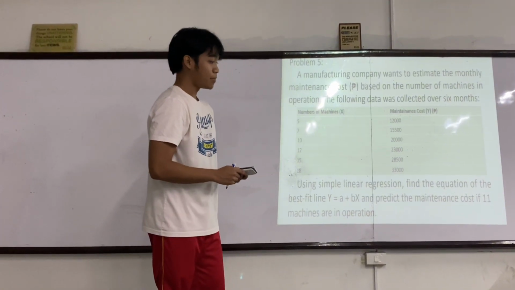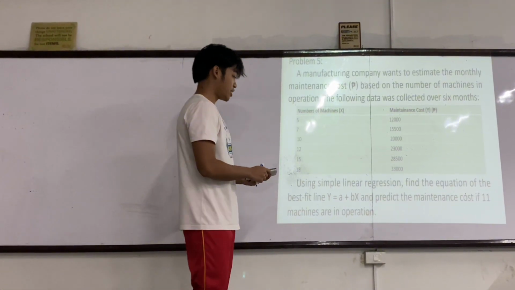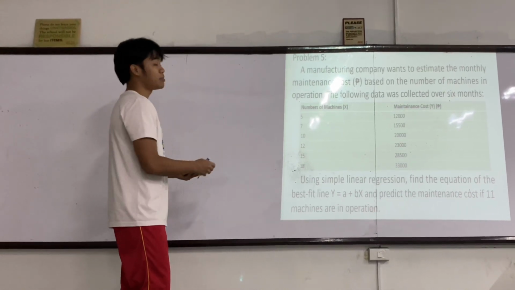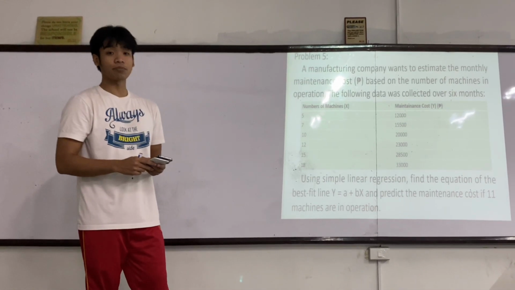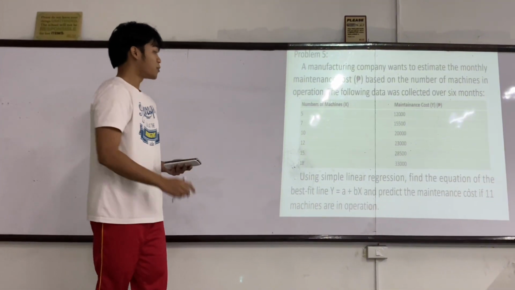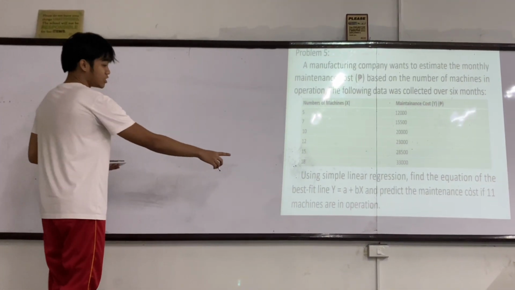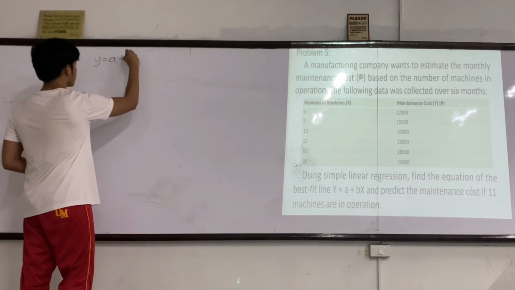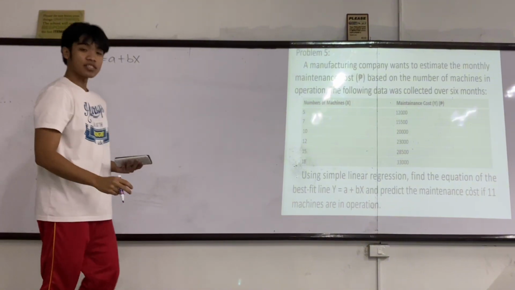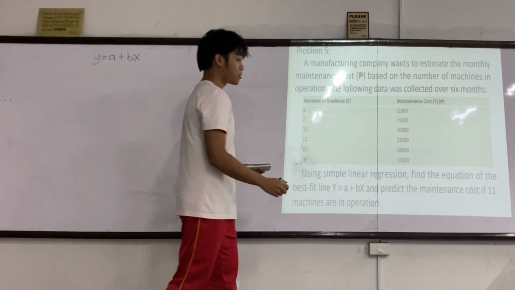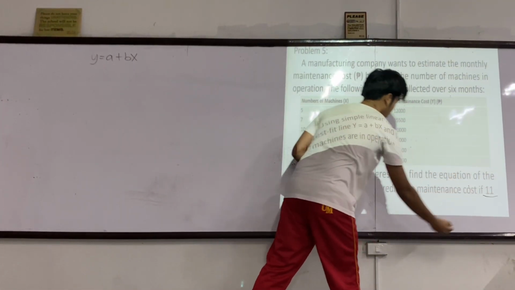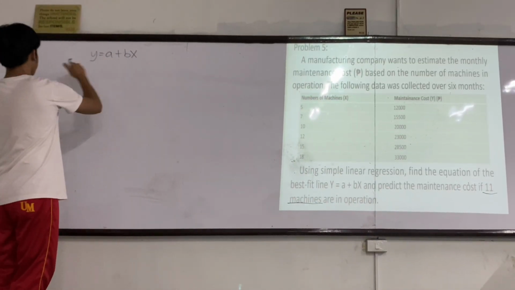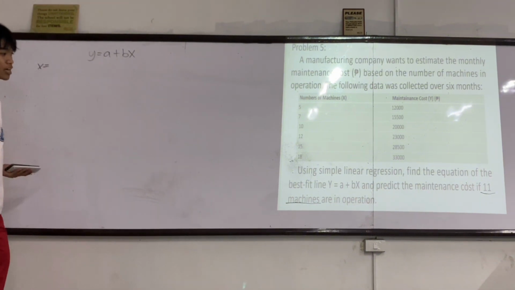And we need the maintenance cost if 11 machines are in operation. So, as you can notice, this problem is similar to the previous problem, which is problem number 4. So we will use the general equation, which is y equals a plus b times x. And just like the previous problem, the x variable or the independent variable is already given. So we already have the x, which is 11.